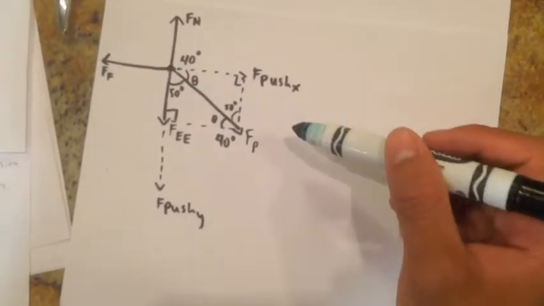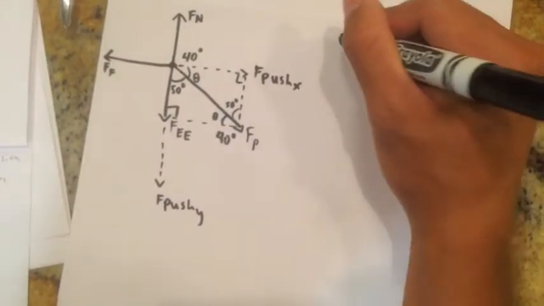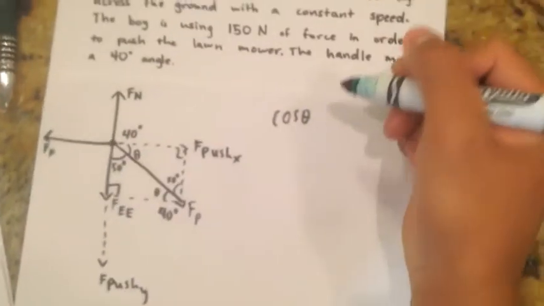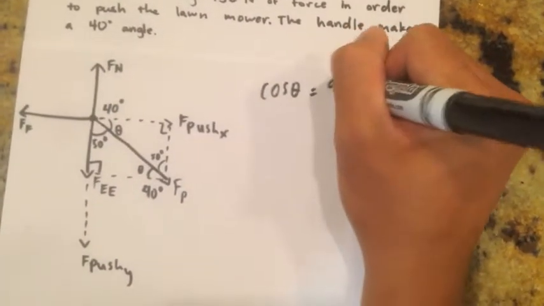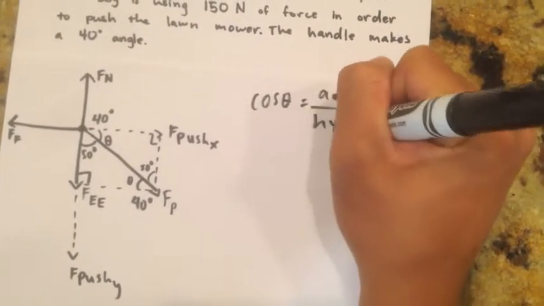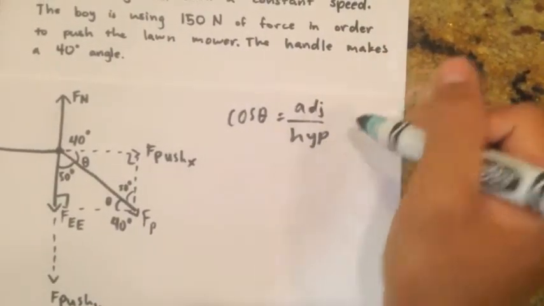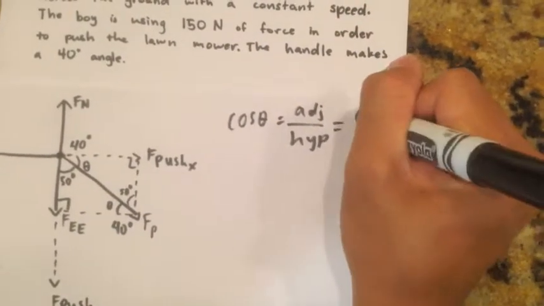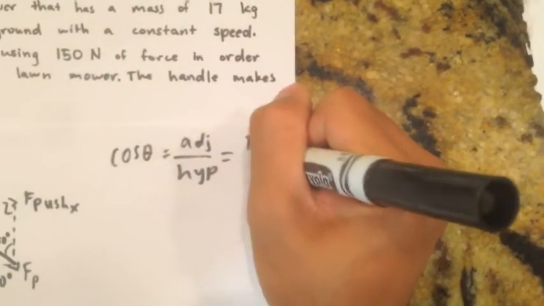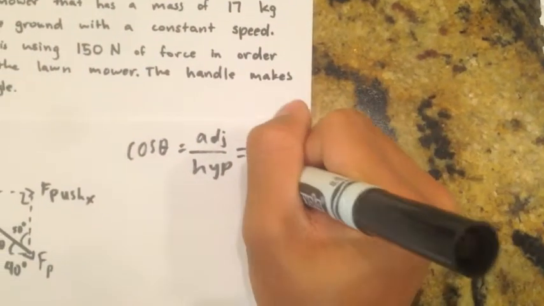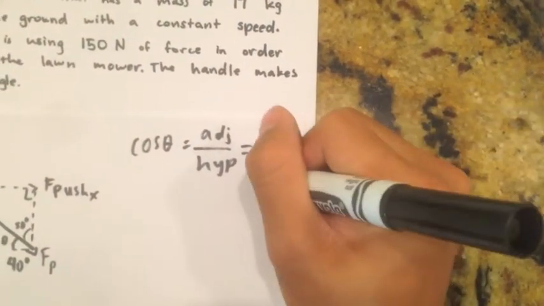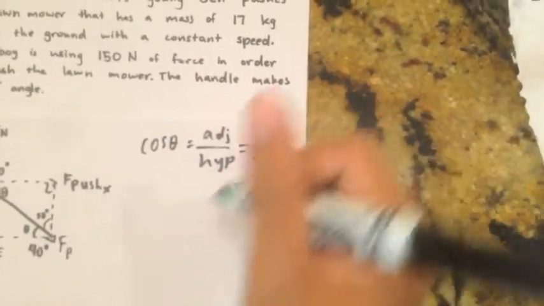To find the force of the push in the x dimension, we'll be using cosine theta because it equals adjacent over hypotenuse. In this situation, adjacent is force of the push in the x dimension, and hypotenuse will equal force of the push.